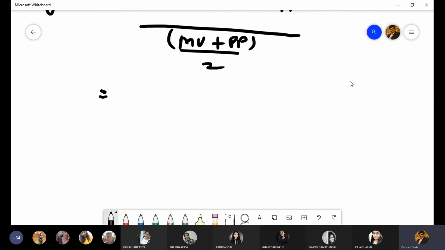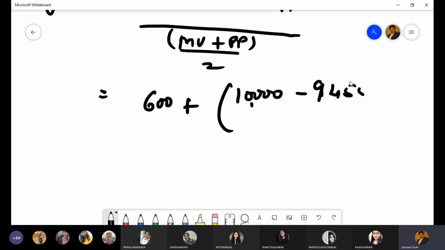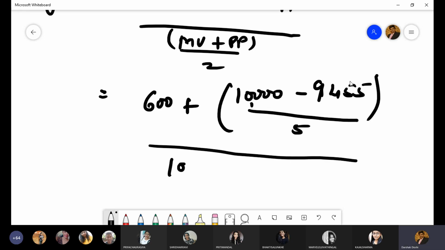So in the given question, we have an interest of 6% for bond X. 6% of 10,000 rupees face value is 600 plus maturity value at par 10,000 minus purchase price 9455, the whole divided by 5 years maturity period, divided by 10,000 plus 9455 divided by 2.